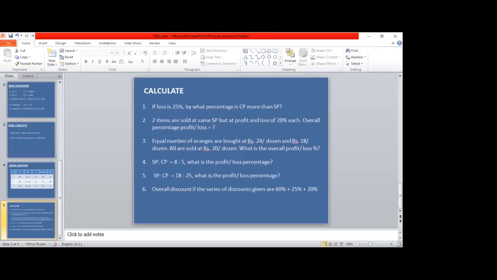I hope you've read the question thoroughly, Pranitha and Charan. I'm not sure if you've read the question correctly. Please reread it and try it again. This is not the same cost price, the same selling price.